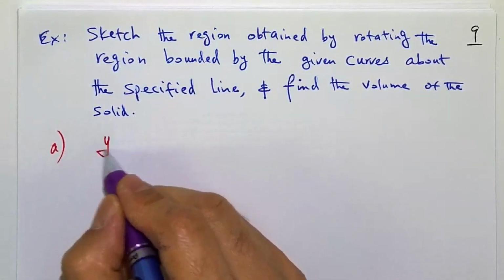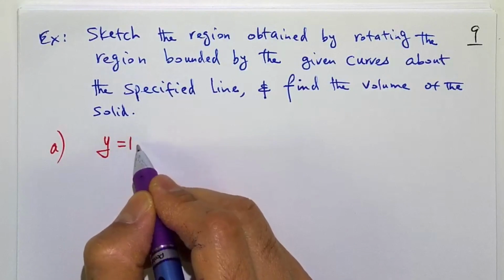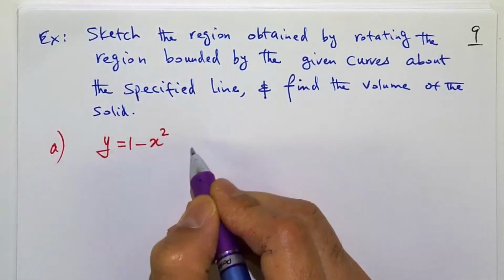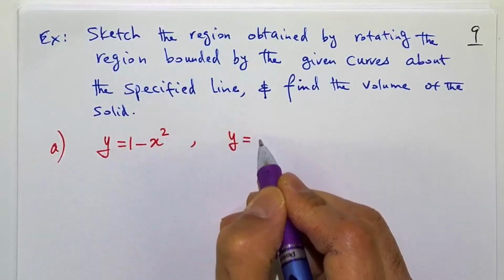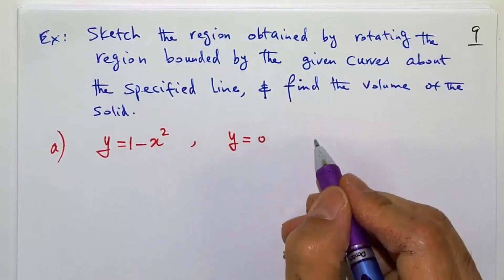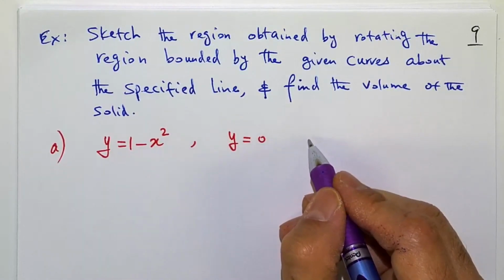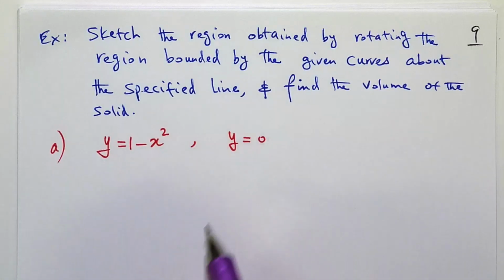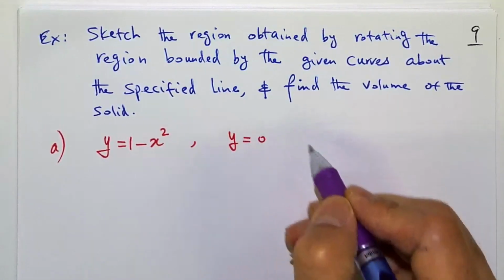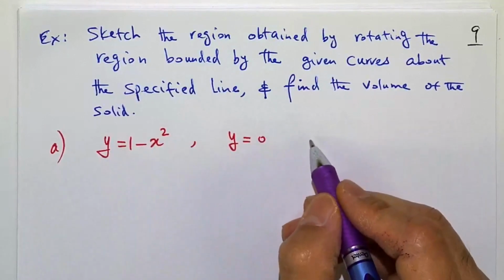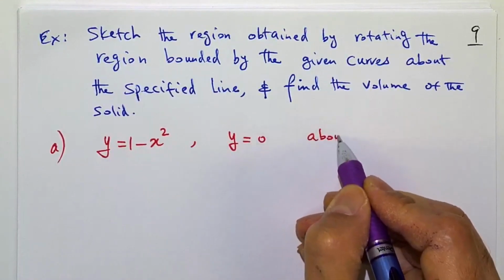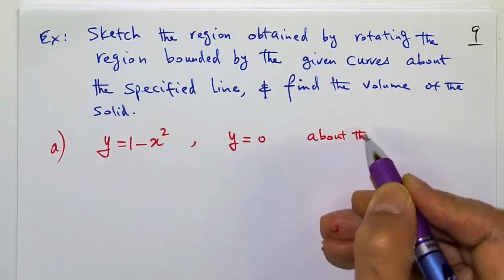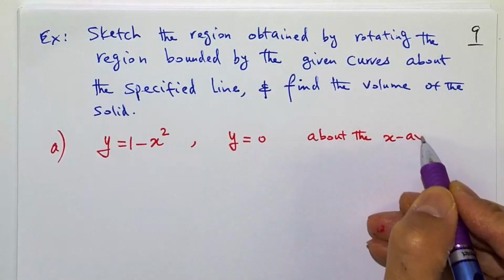And so this one we have the curve 1 minus x squared and y equals 0, and we want to have a solid that has been generated from these curves about the x-axis.